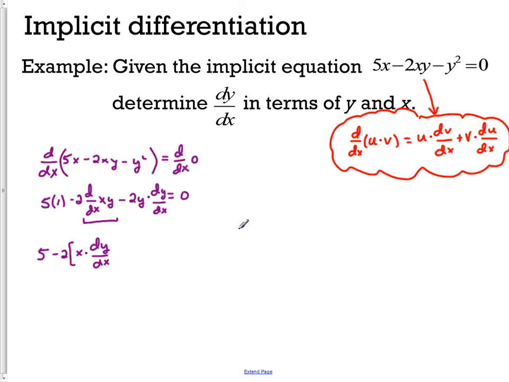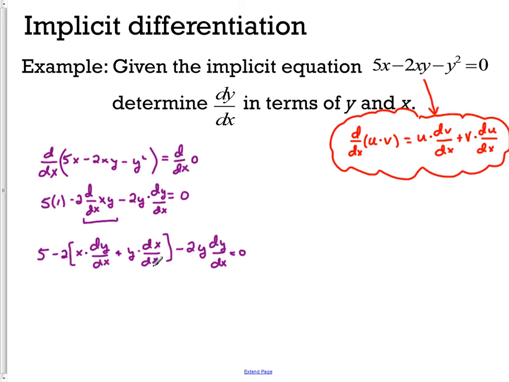And then we're going to add to that, and you notice I've got a big parenthesis around here to keep track of this, plus y times the derivative of x with respect to x. And I'll fix that in a second. Minus 2y times dy dx is equal to 0.